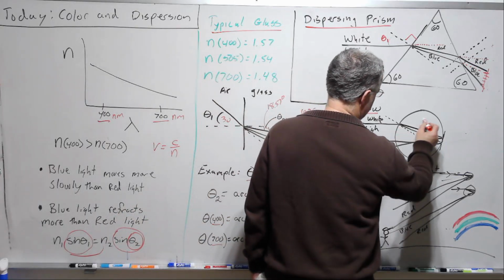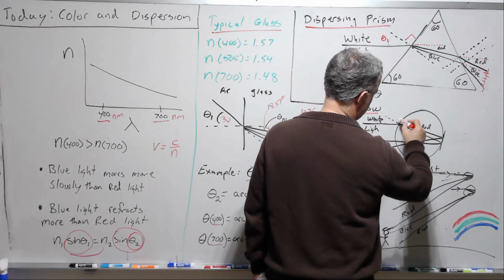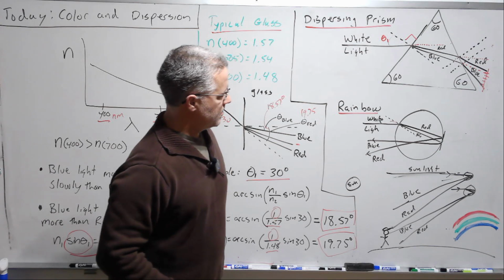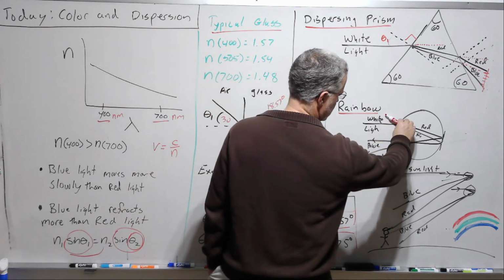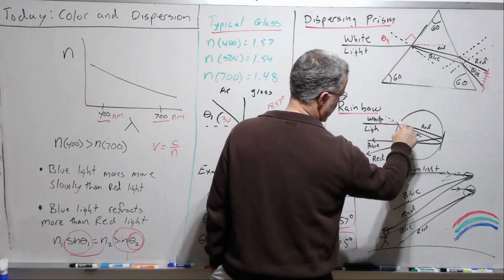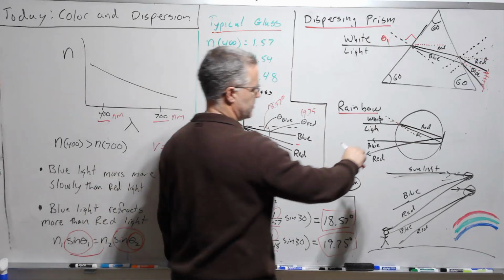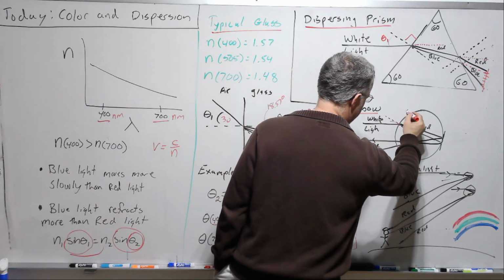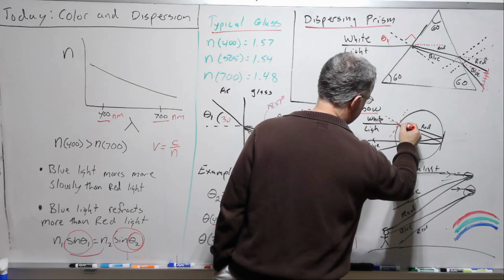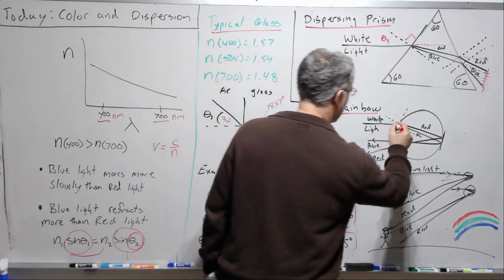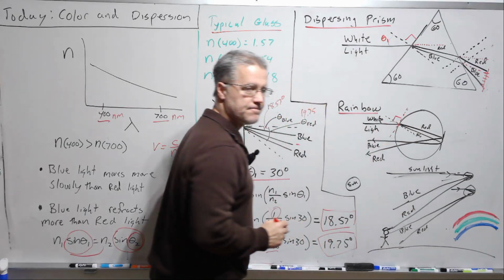Now, let's see what happens here. We've got this round surface, and our white light comes in right here. So we have to draw a normal right at the point where it hits. Because that's curved, we'd imagine taking a tangent line or a tangent plane right at that point, and then the normal is 90 degrees to that.